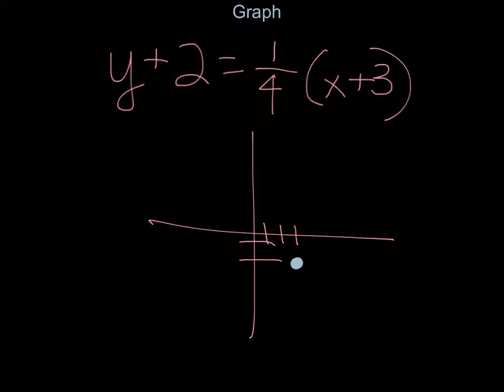We know that our slope is 1/4, so that means we rise 1, and then we go to the right 4. 1, 2, 3, 4. So now I can plot my next point here, and then I can use that to connect and make my line for my equation.